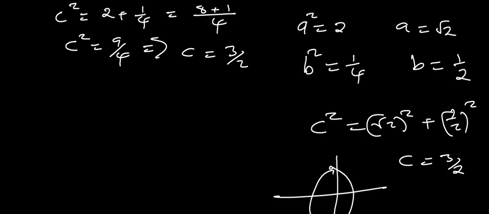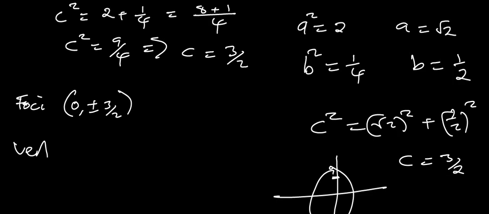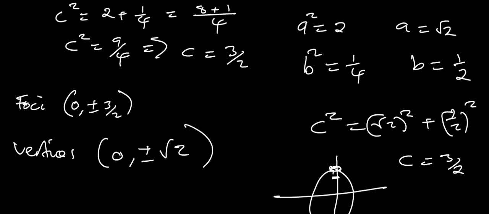Our foci, for this case, since we're on the y-axis, the x-coordinate has to be 0, so that's going to be 0, plus or minus your c, which is 3 over 2. Your vertices, also on the y-axis, are 0, plus or minus a, which is root 2, and you can be able to sketch this.